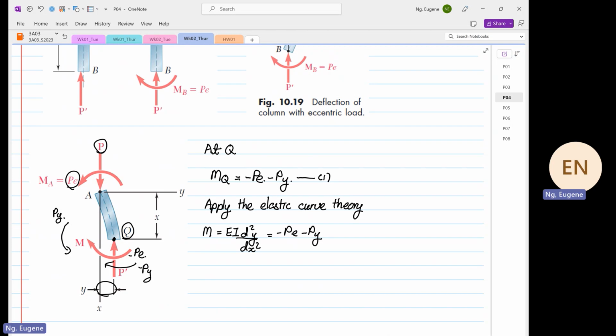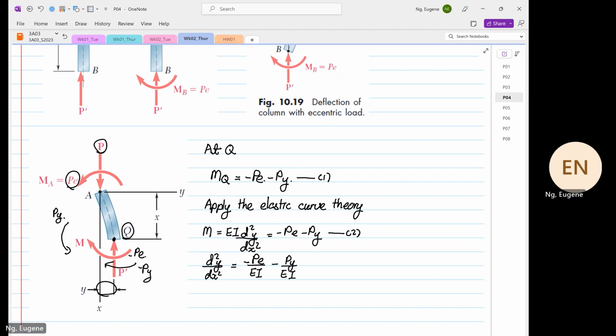I will address this as equation number 2. Therefore, d squared Y over dx squared is equal to minus PE over EI minus PY over EI.